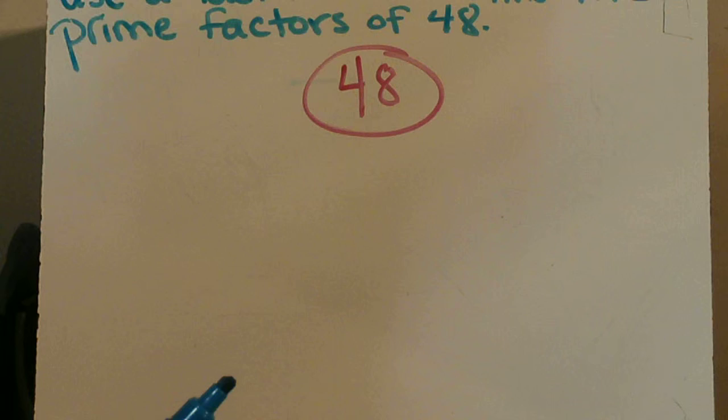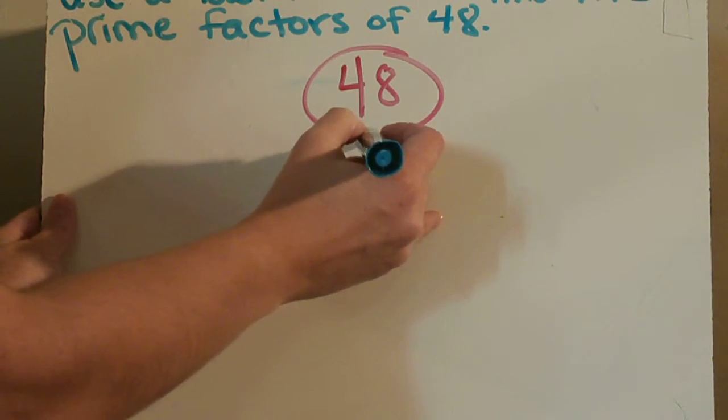Alright, one last example. Use a factor tree to find the prime factors of 48. Again, I would suggest stopping the video, go ahead and do the factor tree, then resume play of the video and check your work. So I'm going to say 48.